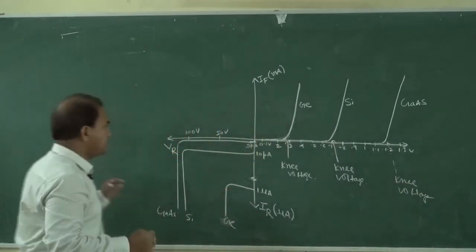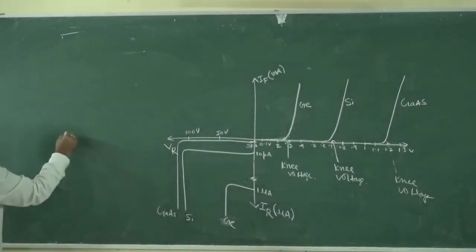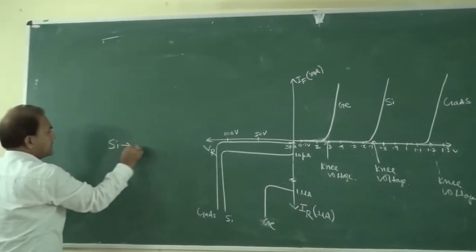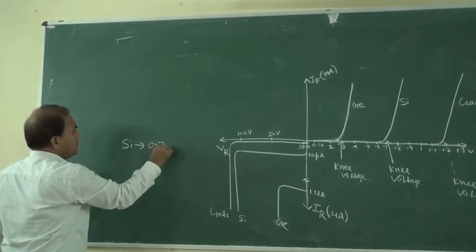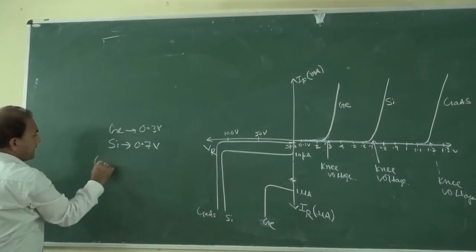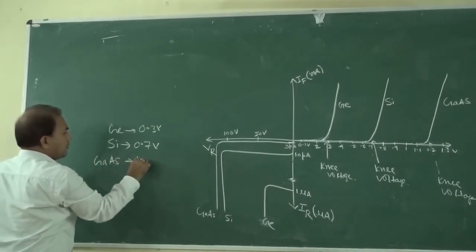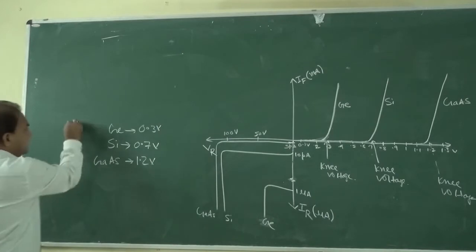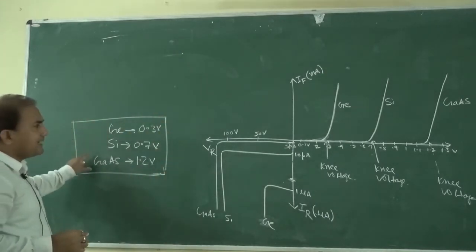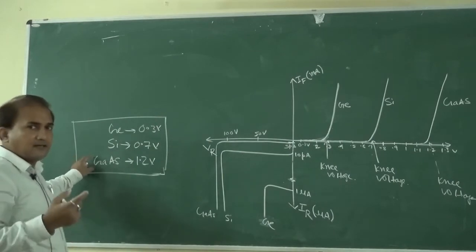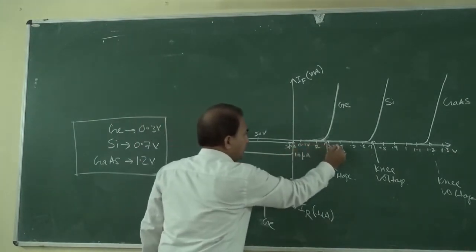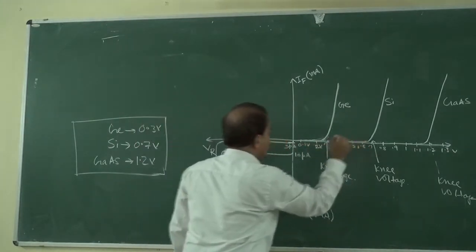So the knee voltage for silicon is 0.7 volt, for germanium it is 0.3 volt, and for gallium arsenide it is 1.2 volt. So these are the knee voltages for germanium, silicon, and gallium arsenide based PN junction diodes.